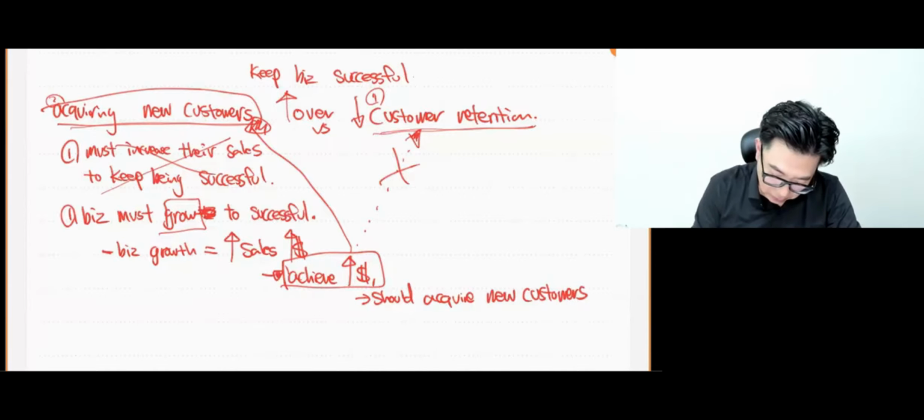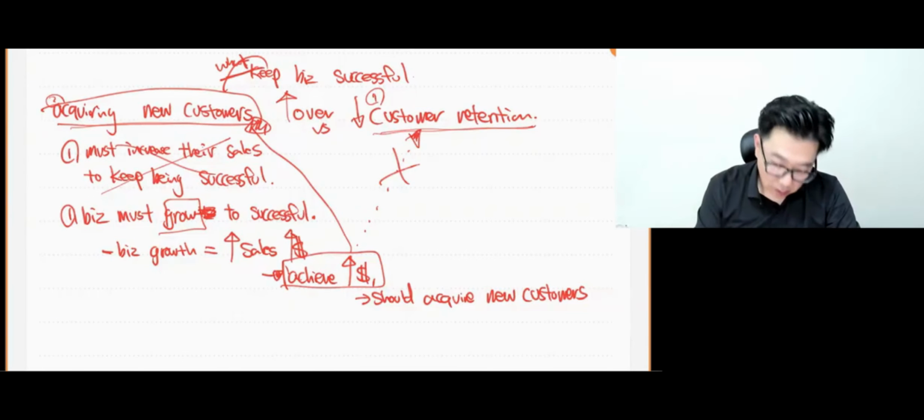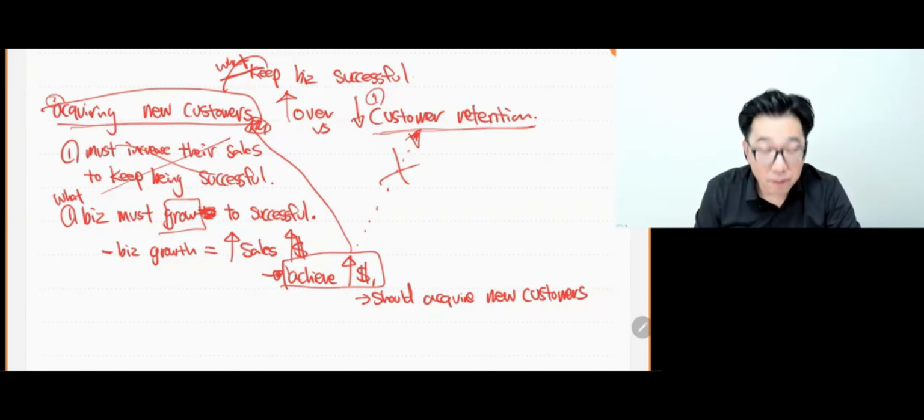So that's what I have as my thesis, but my body paragraph should also have what, why, how to make my structure absolutely complete. So I have what for my first body paragraph.